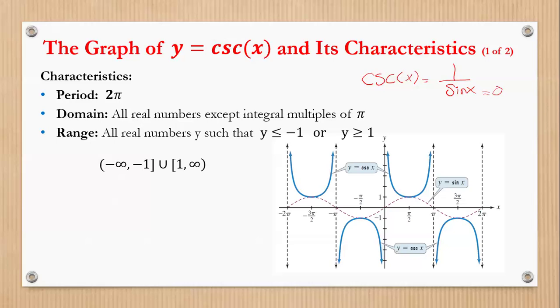And if we talk about the range, if you remember, the range of the sine function is all the numbers from -1 to 1. And you can see the sine function in this picture as well. This red graph is a sine function.